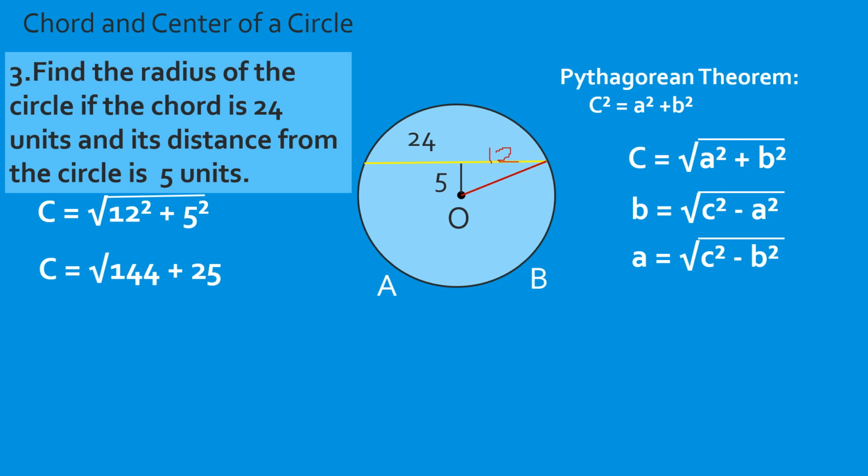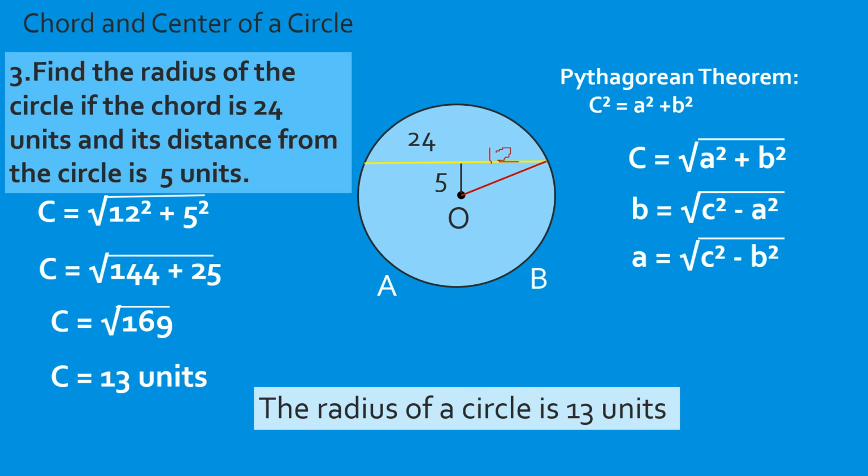Means 5 times 5, 12 times 12. 144 plus 25 is equal to 169. And the square root of 169 is 13 units. So the length here is 13. It means that the radius of the circle is 13 units. So this is 13.